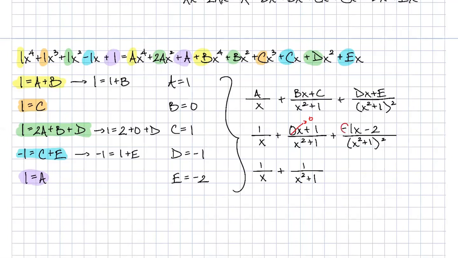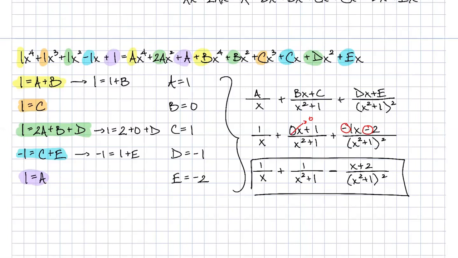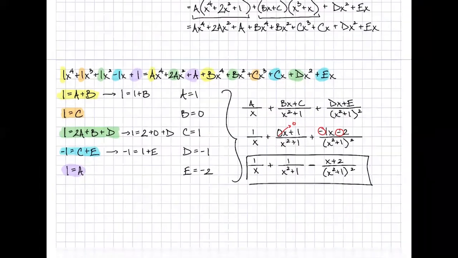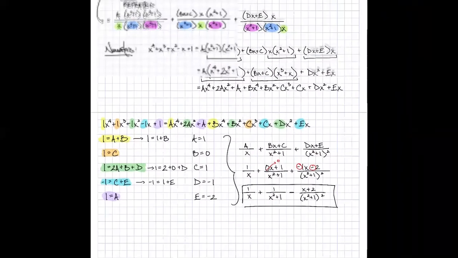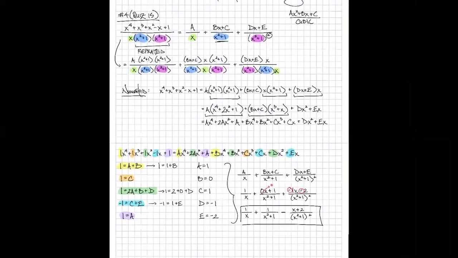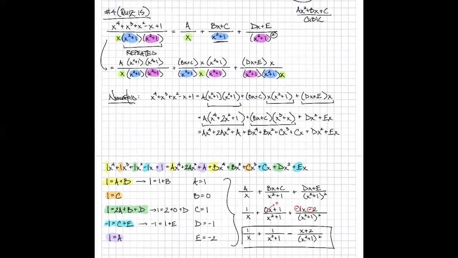We notice there's a negative and a negative, so I can factor that negative out and I'll get minus x plus 2 over x squared plus 1 squared. Okay. And so that's how we start and also complete this very, very long problem.